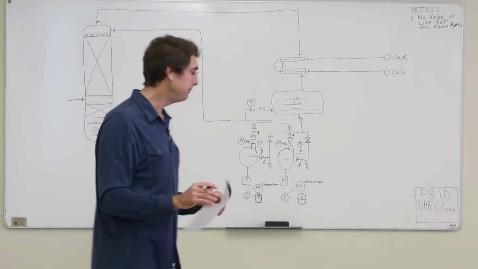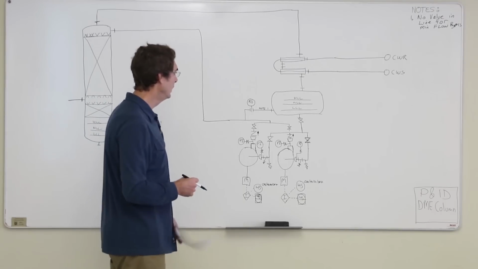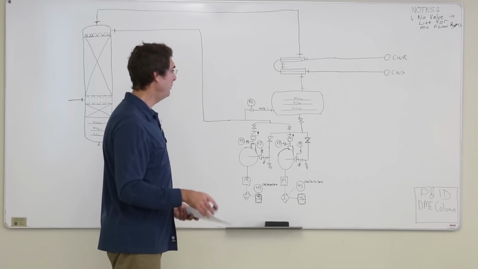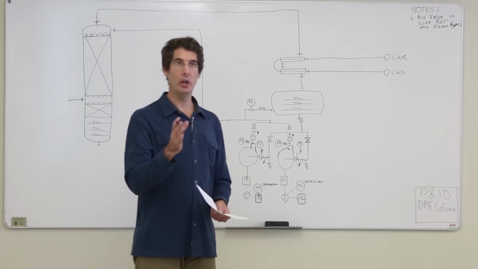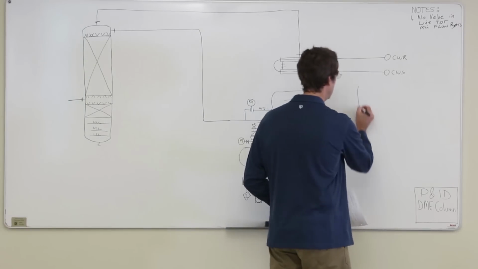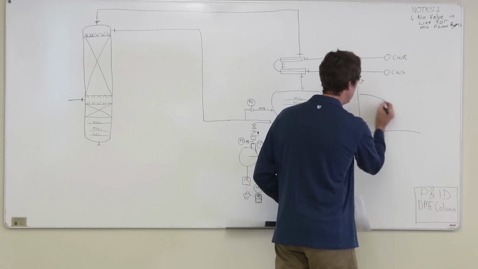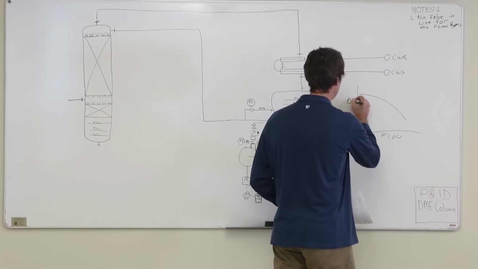Well, for protecting the system from overpressuring, is that just for a positive displacement pump, or could that be for any pump? It could be for any pump, but the better design, if it's a centrifugal pump, then it has a flow versus delta P curve that's very predictable.